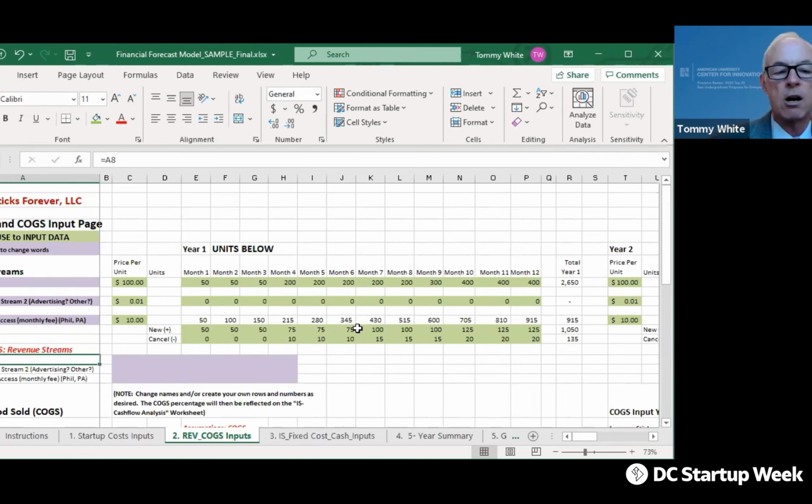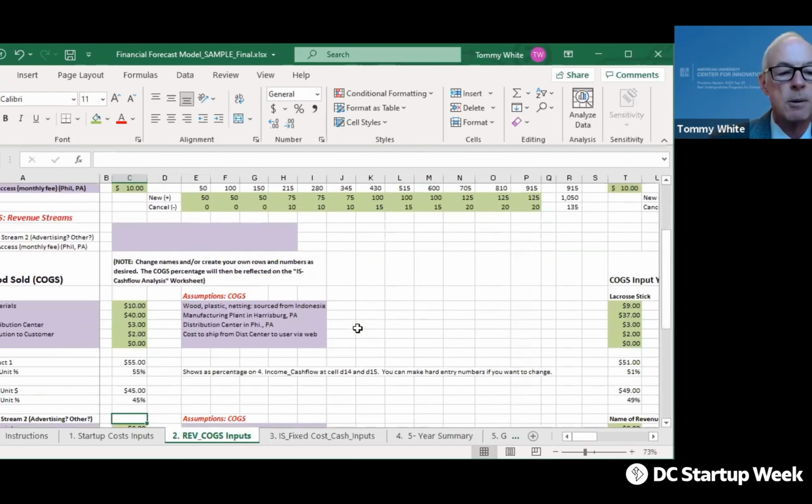So now let me look at my cost of goods sold for this. So I'm selling my lacrosse sticks for $100 per unit. So my cost of goods sold then are things that are going to cost me to make each unit of that lacrosse stick. So I'm saying my supplies, my wood, my netting, my plastic parts are going to cost me $10 per lacrosse stick. To assemble them and put them together, I'm saying it's going to cost me $40 per lacrosse stick.